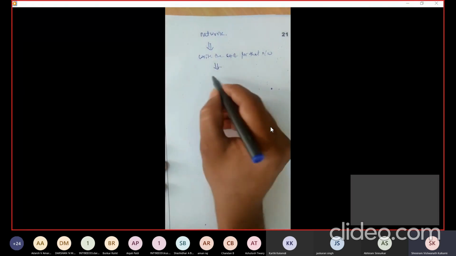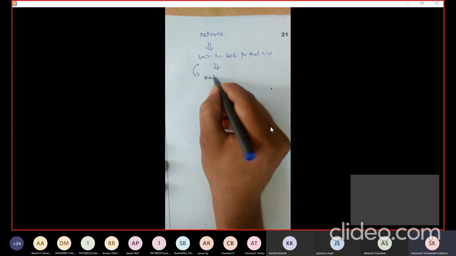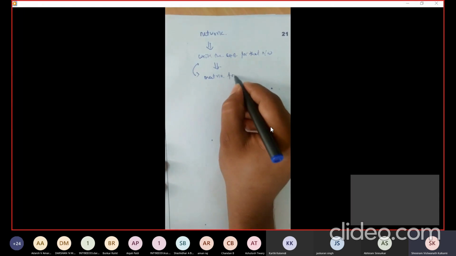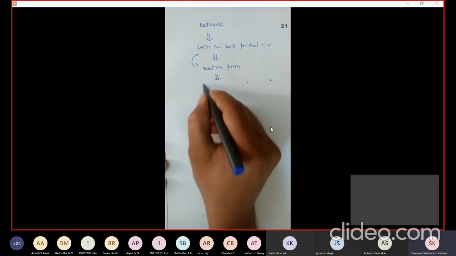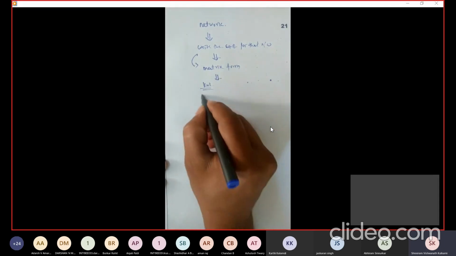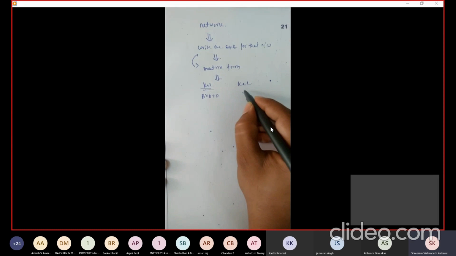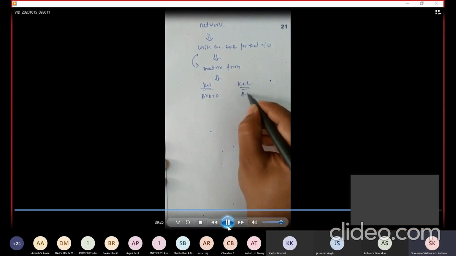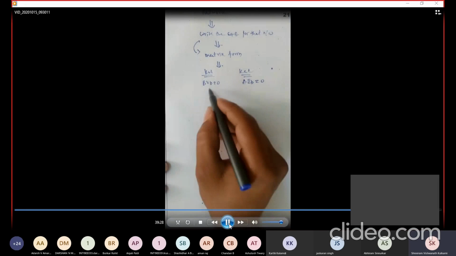Then write these equations in matrix form. Then for KVL, B Vb equals 0. For KCL, A Ib equals 0. Then simplify that.